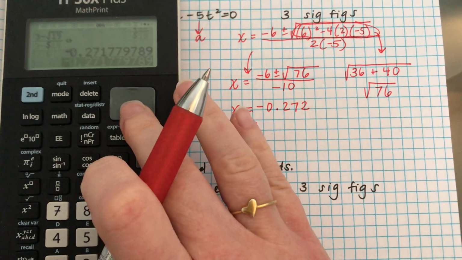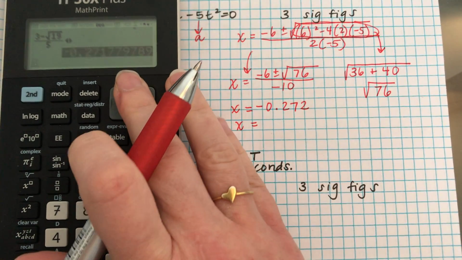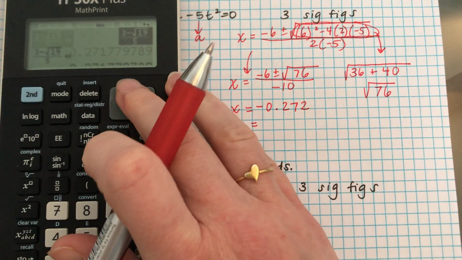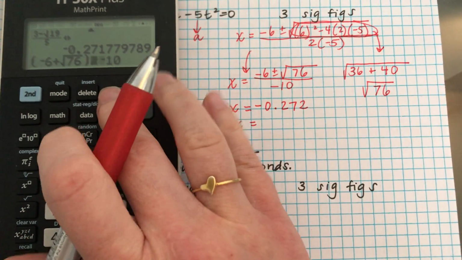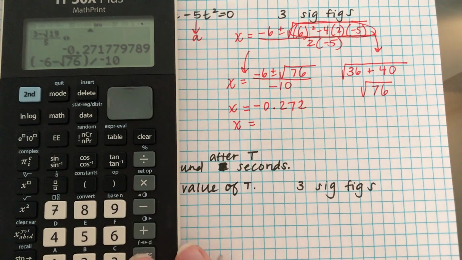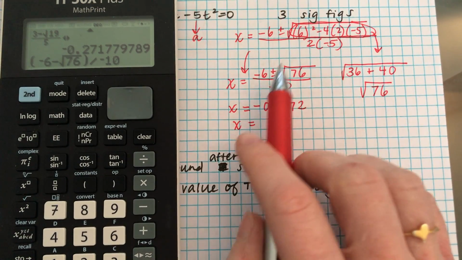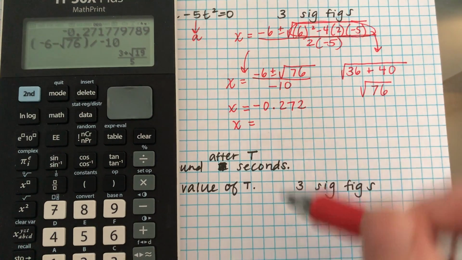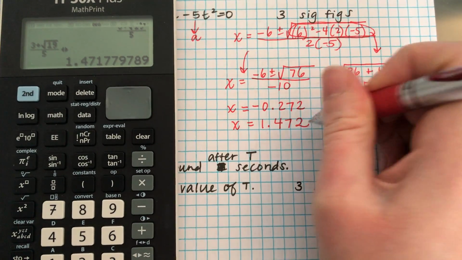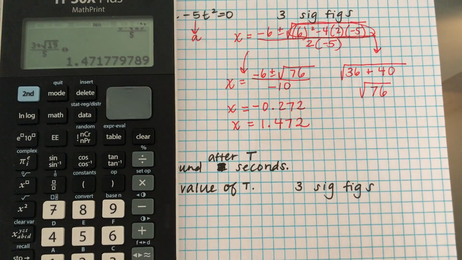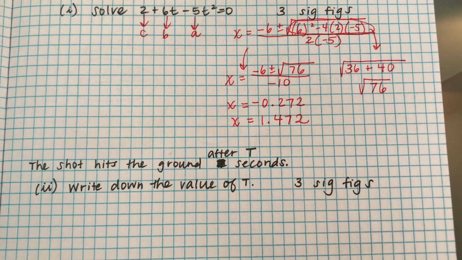What did I do, minus first? Is that something different? Oh, it simplified it. Okay, whoa, that's interesting. Yeah, it simplified it for me. Oh well. So now I have the minus. Okay, so minus 6 minus the square root of 76, divided by minus 10 gives us 1.472.